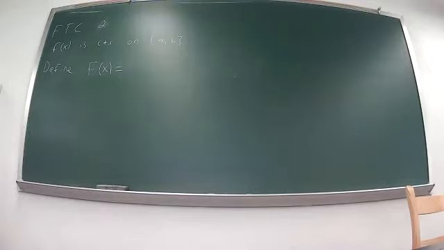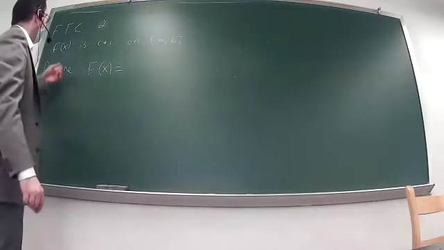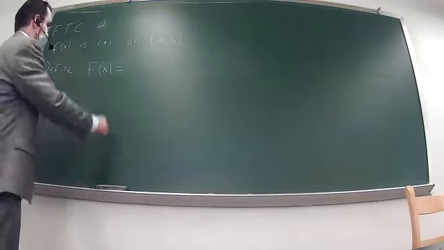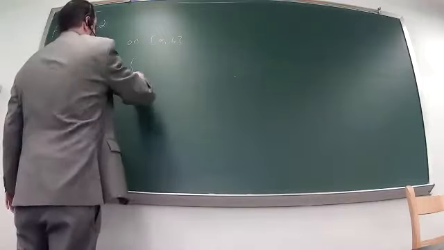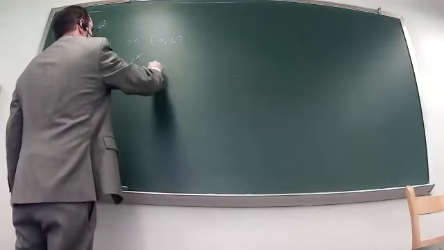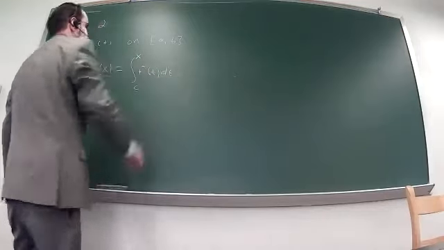And this is going to be like the signed area under the curve from a fixed point to x. So I'm going to write this as the integral from c to x of f of t dt.